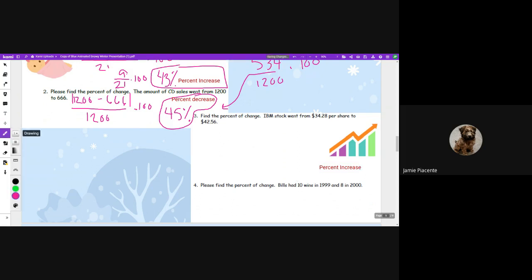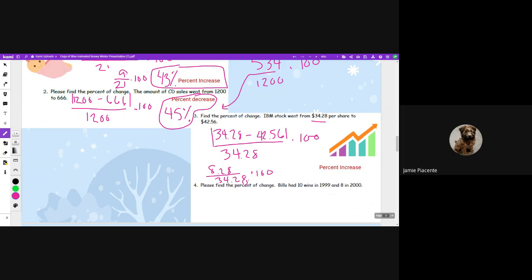All right. Now my original was $34.28. My new is $42.56 divided by my original, again, $34.28 times 100. So $34.28 minus $42.56 gives me -8.28. Now, since it has absolute value symbols, it becomes a positive 8.28 over 34.28 times 100.